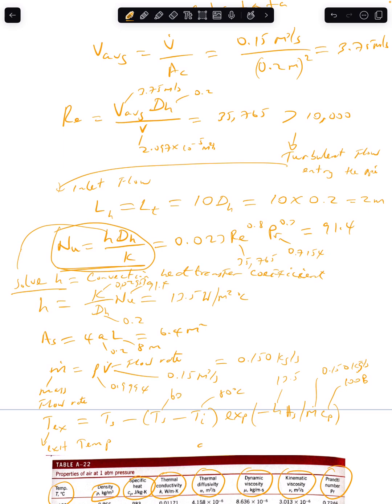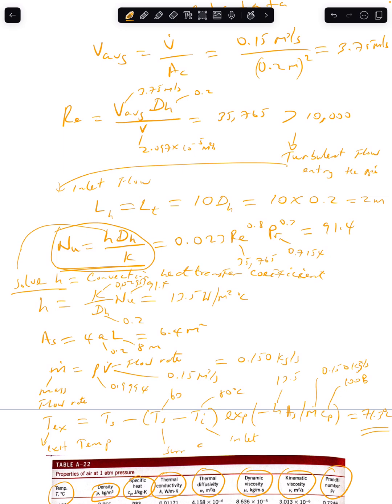degrees. So this is the inlet temperature, this is the surface or surrounding temperature, and that's the exit temperature. So in that case, that temperature becomes 71.3 degrees Celsius.